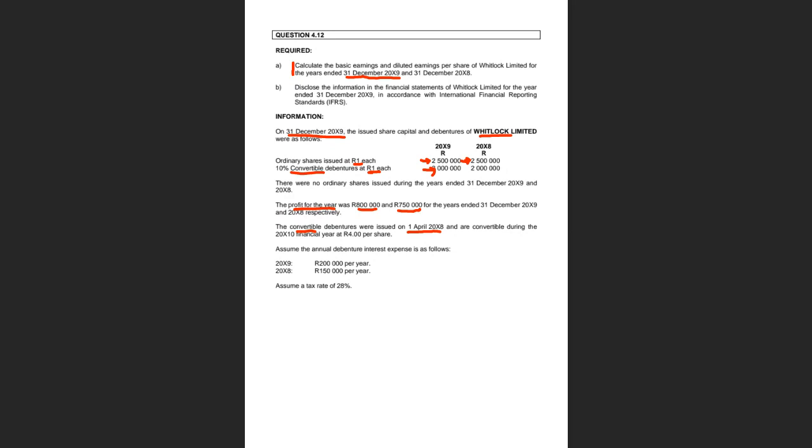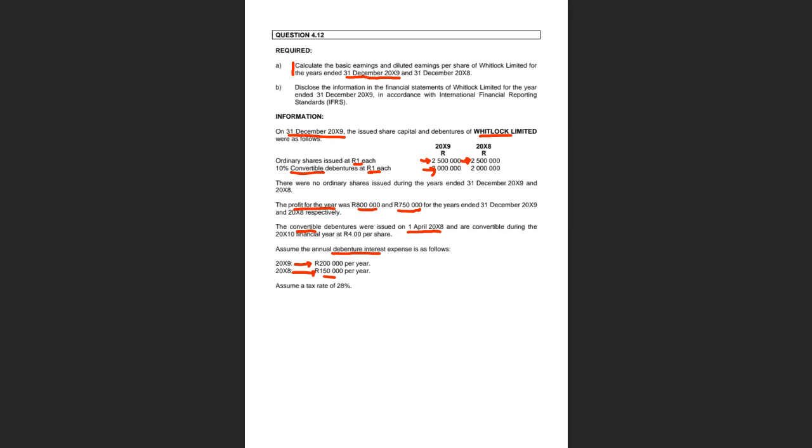Okay, it then says that we must assume the debenture interest for the 20x9 year is 200,000, 20x8 year is 150. We assumed that it would be smaller in 20x8 because it was only in effect for part of the year.